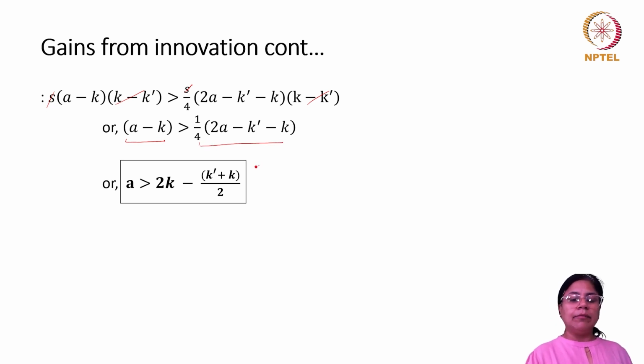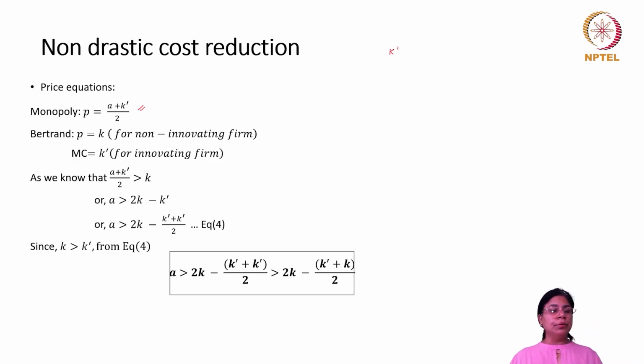This can be very easily written as A being greater than 2K minus K prime plus K by 2. Now we have to show that this situation will hold in order to once again prove that the profit that a Burton player will earn is going to be higher than the monopolist. So how are we going to do that?